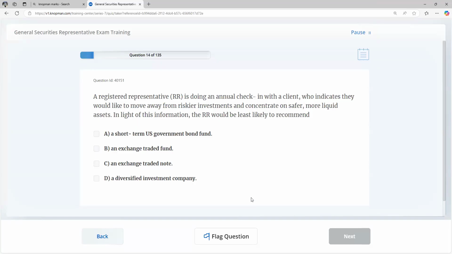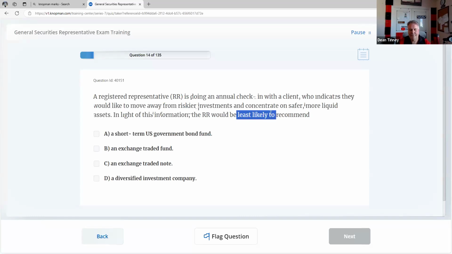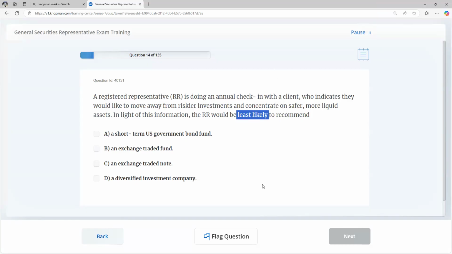So that's really pushing me towards the government short-term bond fund, but also, least likely. Oh, they're least likely. Okay, so then an exchange traded fund, an exchange traded note, a diversified investment company.